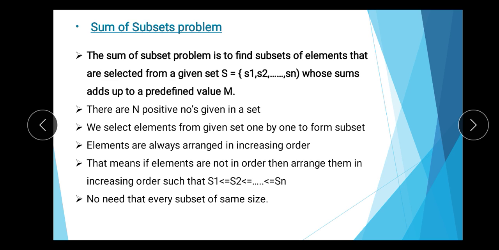And there is no need that every subset be of the same size. For example, if for the given input set we get two subsets whose sum is equal to the predefined value m, there is no need that the number of elements in the first subset equals the number of elements in the second subset. Both subsets can have a different number of elements. So we say there is no need that every subset be of the same size.